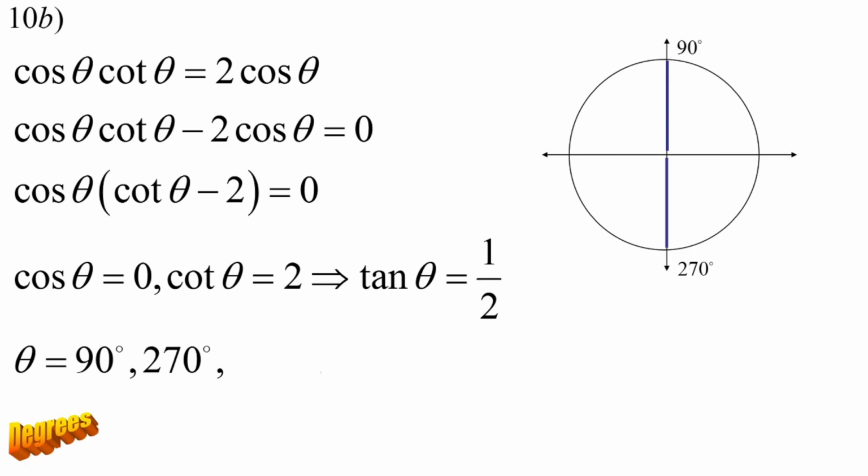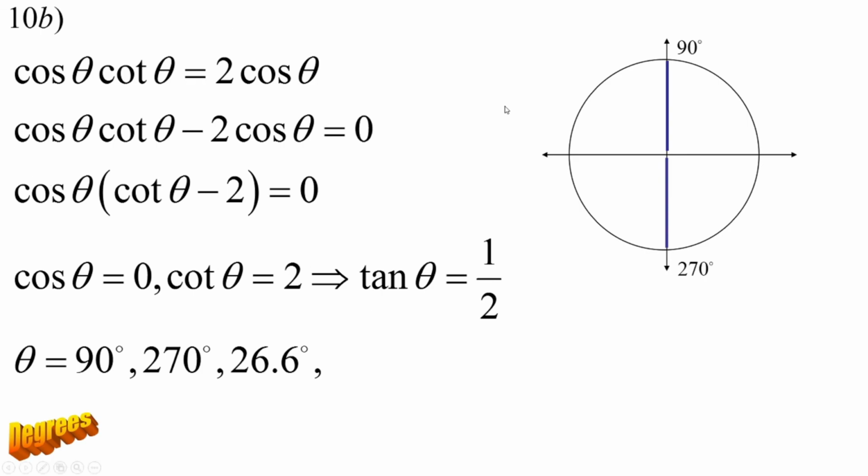Second tangent for my inverse tangent of 1 divided by 2. And did it say what to round to here? It did not. So I probably did something like 26.57, maybe 26.5 degrees, or 26.6. So I'm going to go with 26.6 degrees.